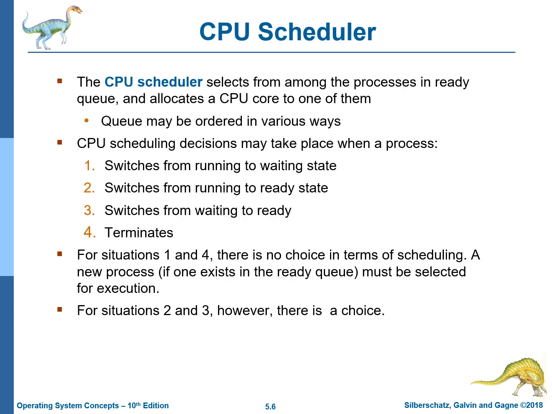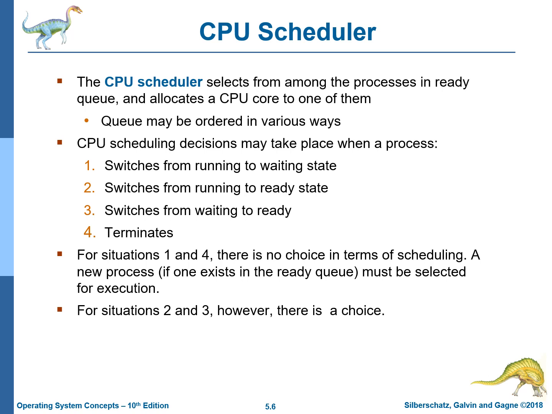CPU scheduler. The CPU scheduler selects from among the processes in the ready queue and allocates a CPU core to one of them. The queue may be ordered in various ways. CPU scheduling decisions may take place when a process switches from running to waiting state, switches from running to ready state, switches from waiting to ready, and terminates.